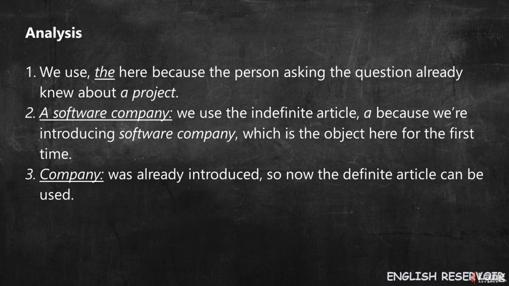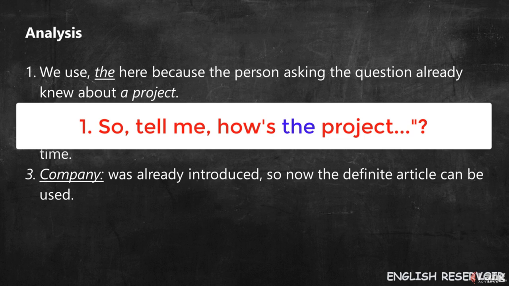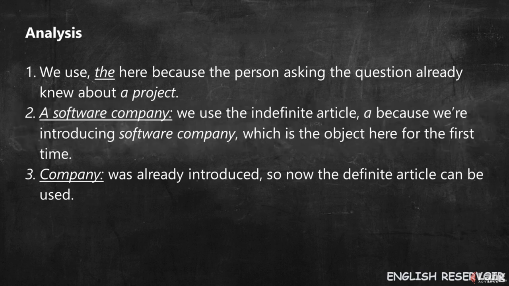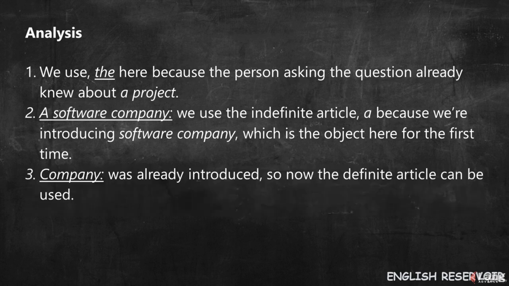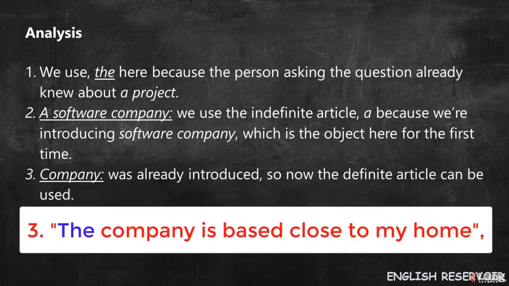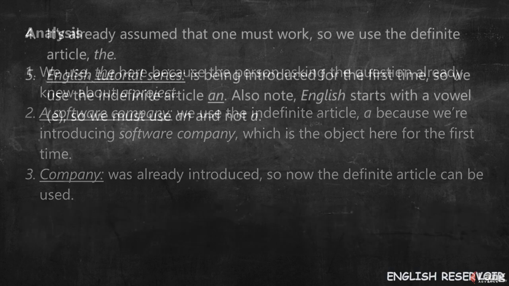Analysis. 1. We use the here because the person asking the question already knew about a project. 2. A software company. We use the indefinite article a because we're introducing software company, which is the object here and being used for the first time. 3. Company was already introduced, so now the definite article can be used. 4.